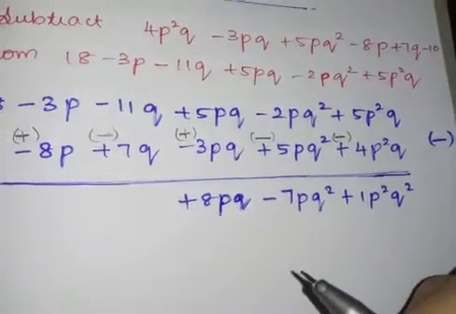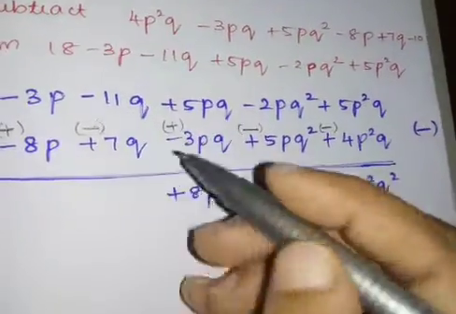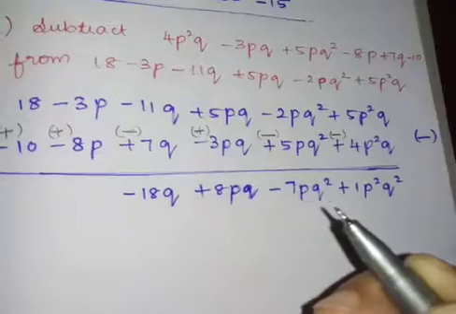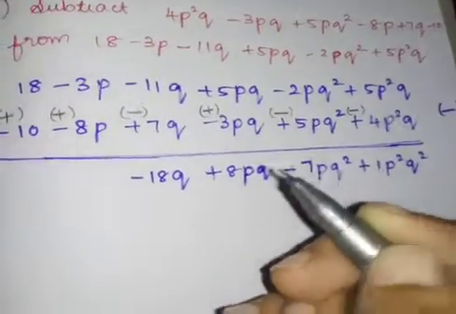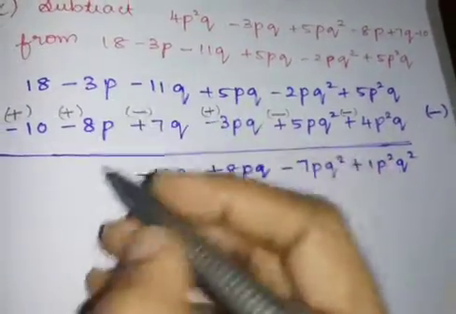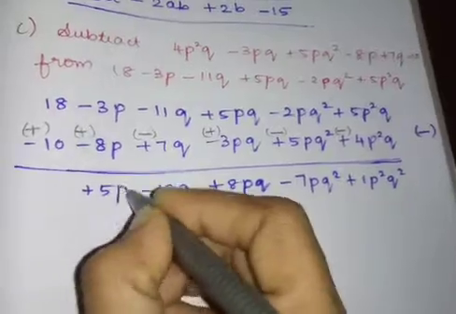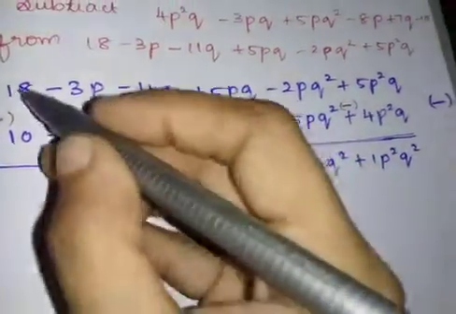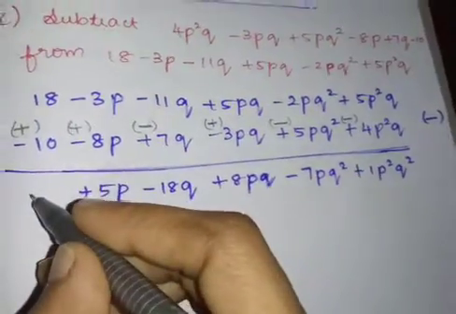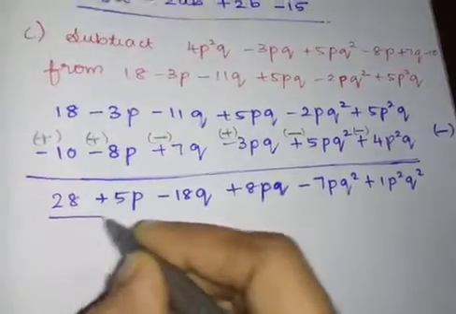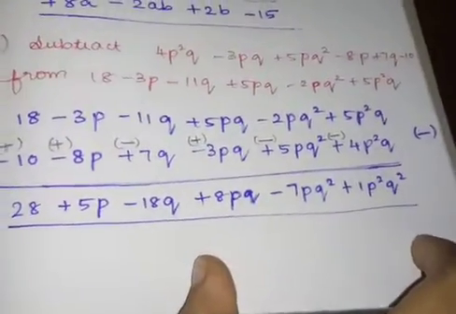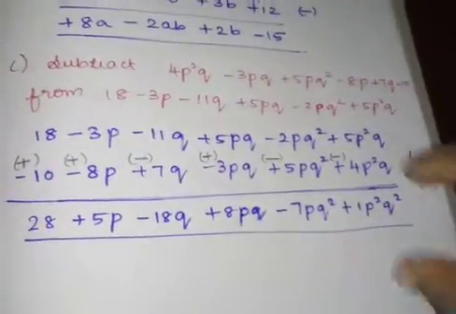Minus 11 minus 7 is minus 18q. Minus 3 plus 8 is plus 5p. 18 plus 10 is 28. So, this is what your final answer which you are obtaining after subtraction.